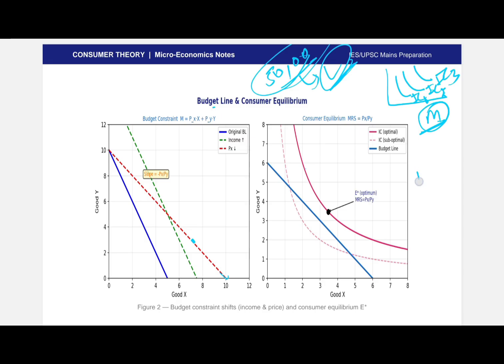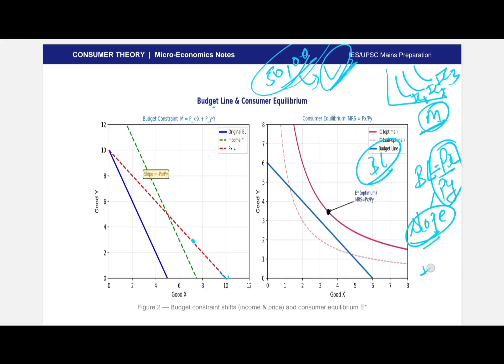So what is the budget line? The prices of X given the prices of Y also give the slope of the budget line. With the given prices or given income, we maximize our utility. So this is the slope.